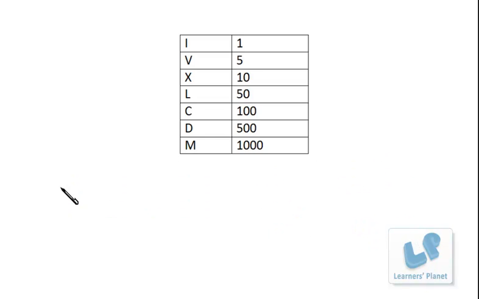Now let's have some more practice. We write down the numbers from 21 to 30. It's very simple. We'll do it very fast. Now what is 20? It's 10 plus 10, that is XX. Similarly, we can write 21, that is 10 plus 10 plus 1, that is XXI.